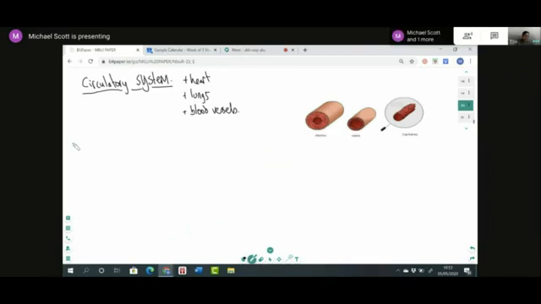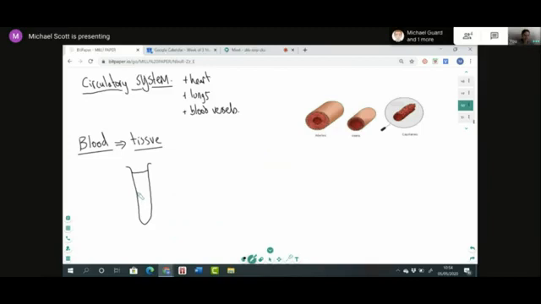But just before we get into that, let's have a look at exactly what blood is composed of. Blood technically is a tissue because it's made up of different cells working together. Let's say I've got a test tube of blood.